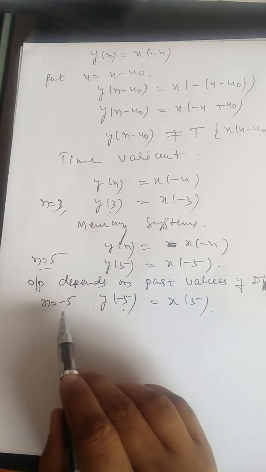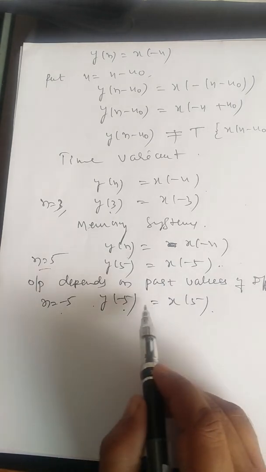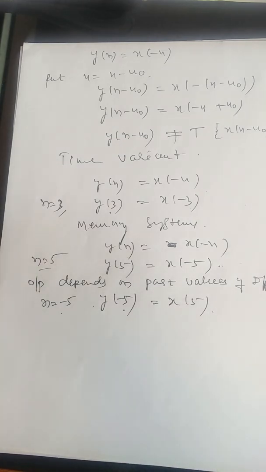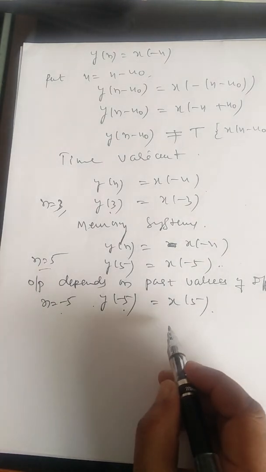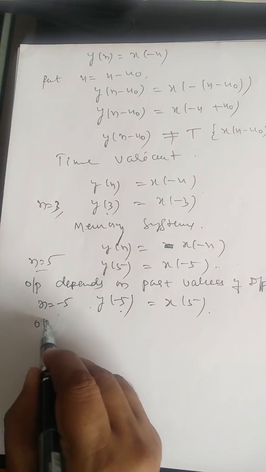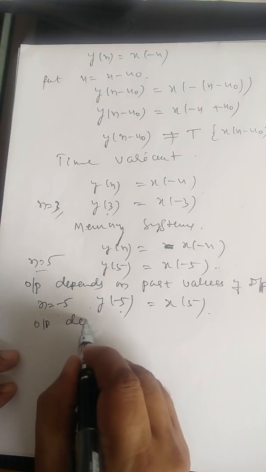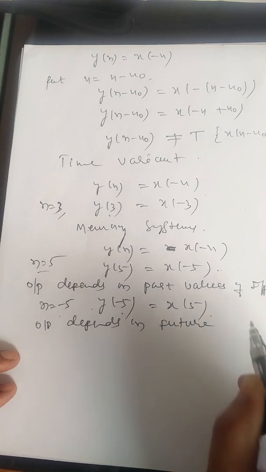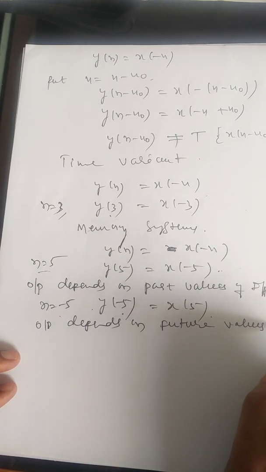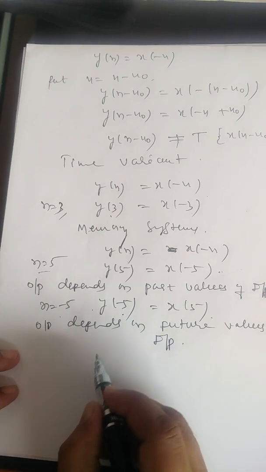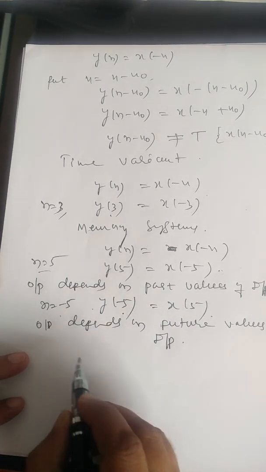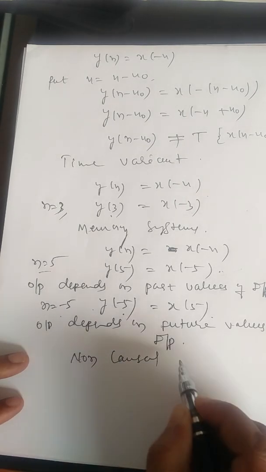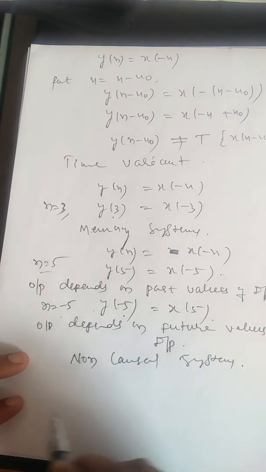Because n is equal to minus 5 requires the value at n is equal to plus 5, the output depends upon future values of the input. Hence we cannot say it is causal, hence it is a non-causal system.